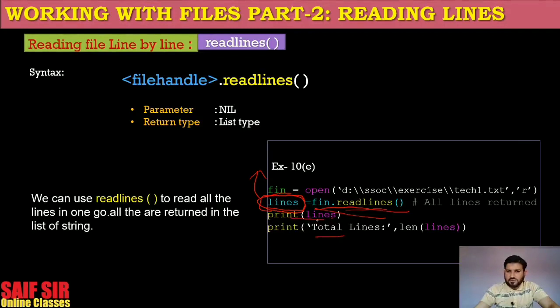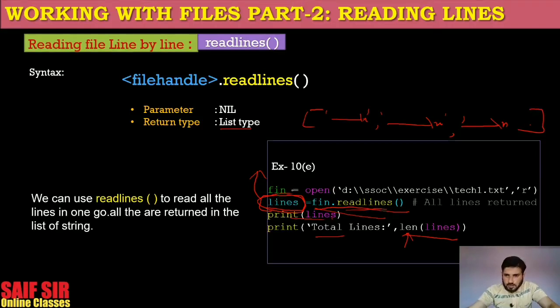Instead of any kind of loop, we can directly use the len function, which returns the length, that means the number of items present in that particular list. The readlines function returns a list: one line including \n, don't forget, comma, then another, then the third line and so on.